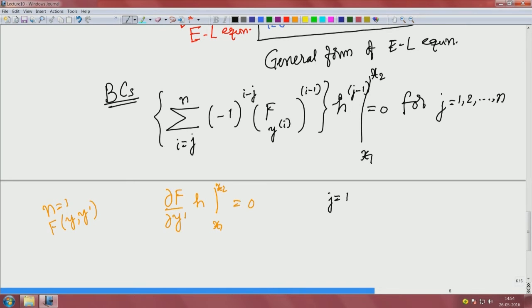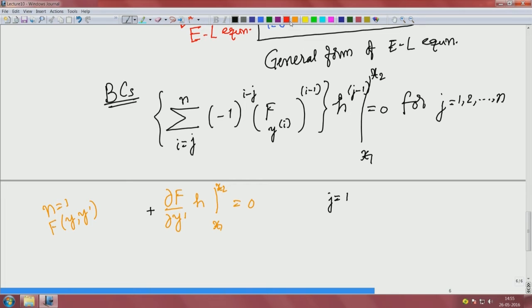Minus 1 raised to i minus j: both i and j are 1, 1 minus 1 is 0. So, I get minus 1 raised to 0, and that is a positive sign. And then f_{y^(i)}, with i equal to 1 now, because i goes from j to n, that is 1. So, I have dou f by dou y prime. That derivative should go to i minus 1, with i equal to 1, that is 0, we get this, right.